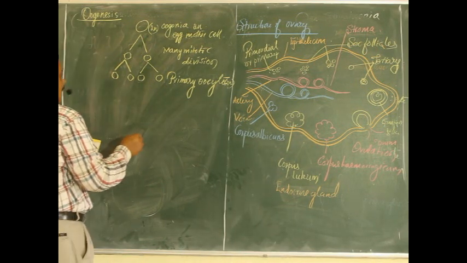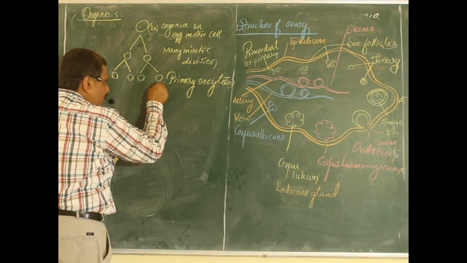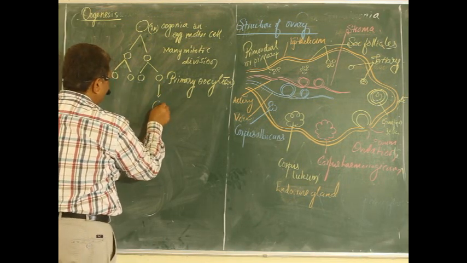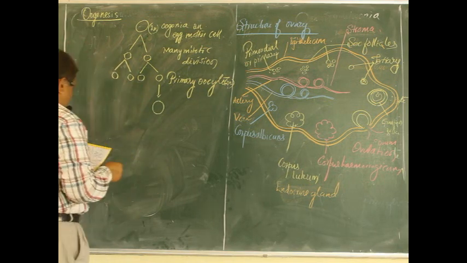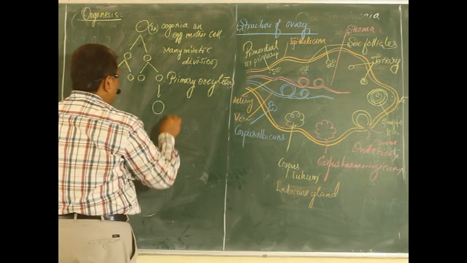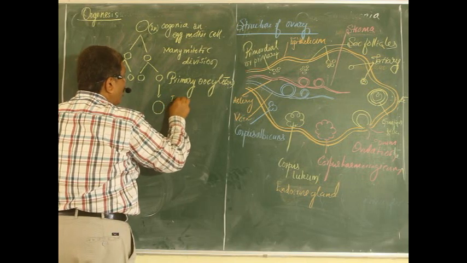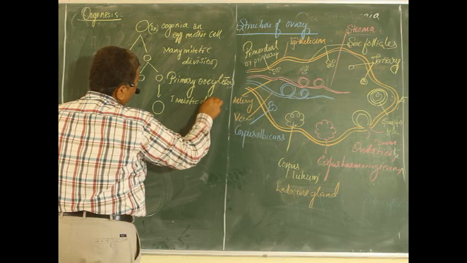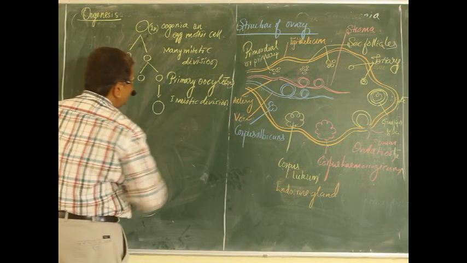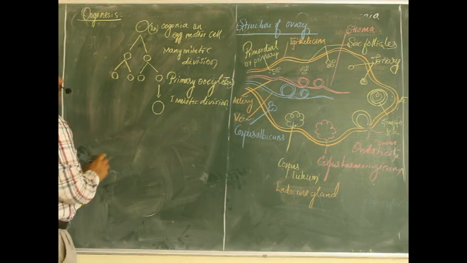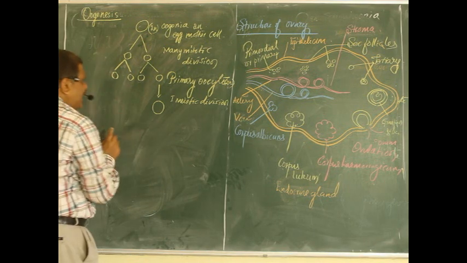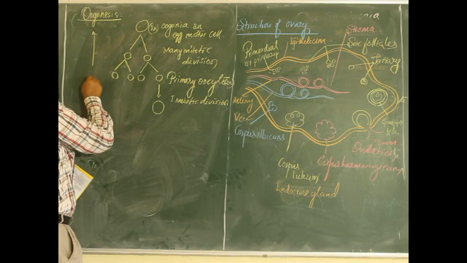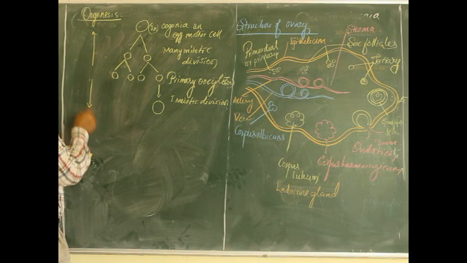And this undergoes a growth phase, and the first meiotic division will be ceased. In this particular stage, the egg will stop its growth, and all these events take place before birth.